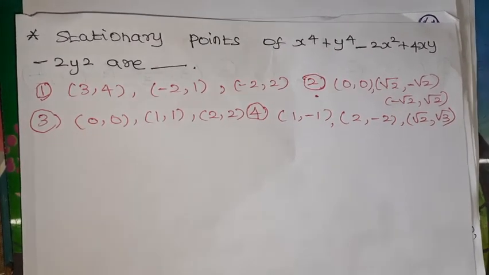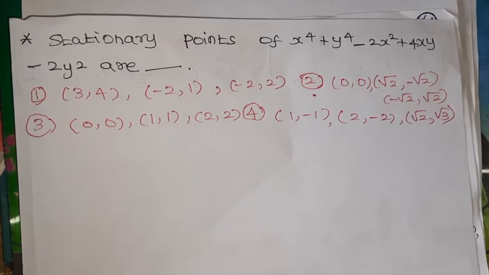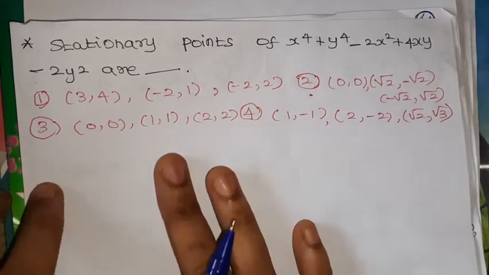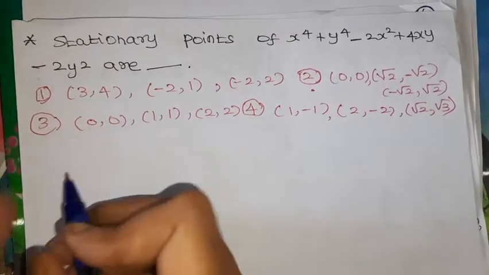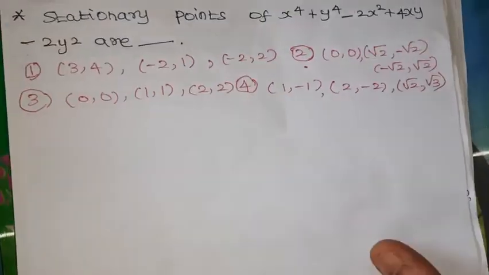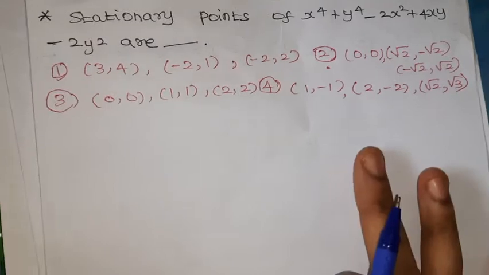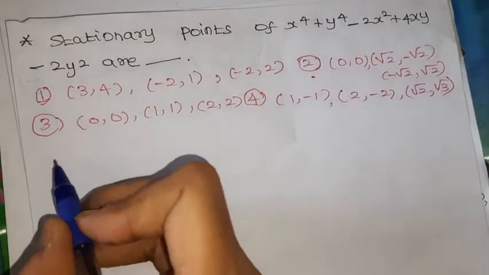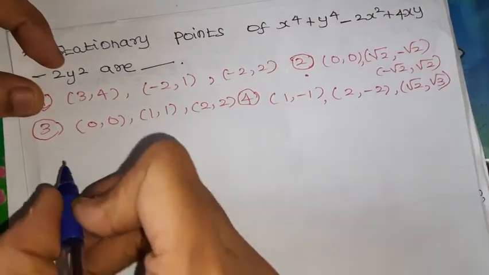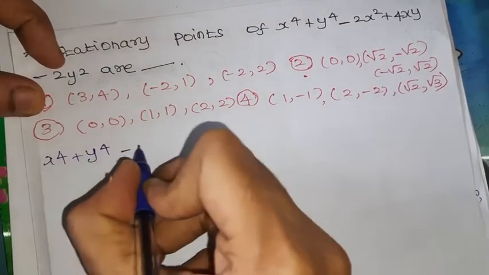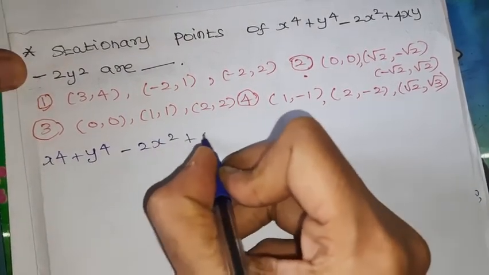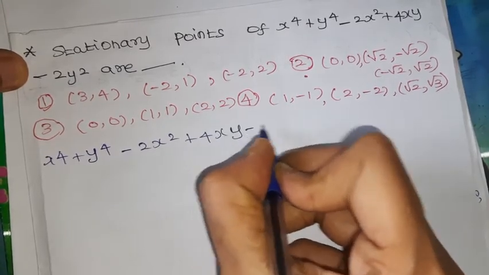Stationary points, we need to find out the stationary points of the given function, okay. What is given? First I am writing this. x power 4 plus y power 4 minus 2x squared plus 4xy minus 2y squared.